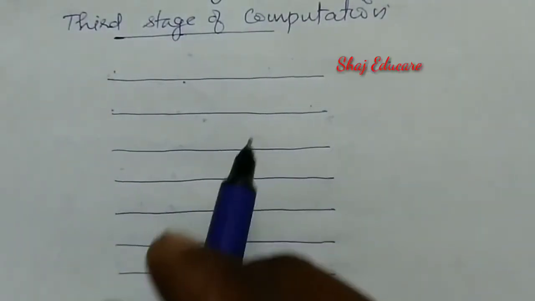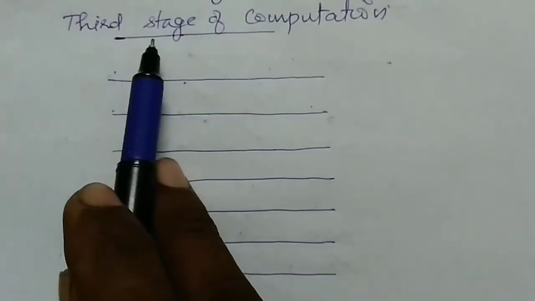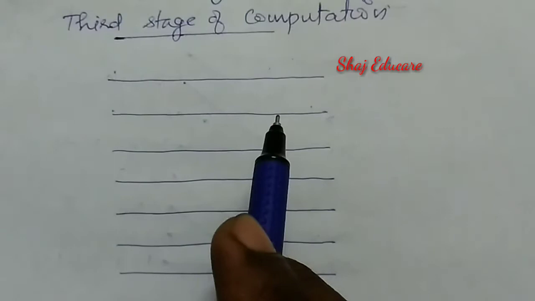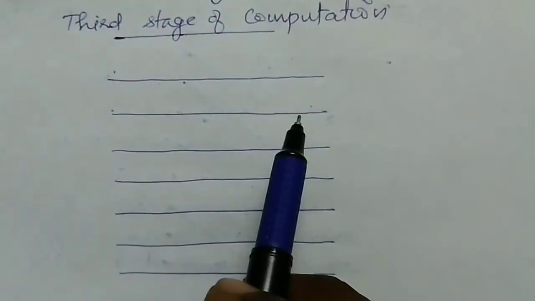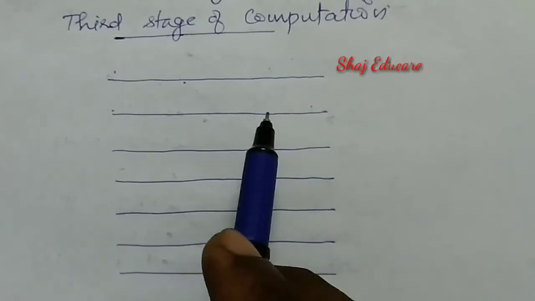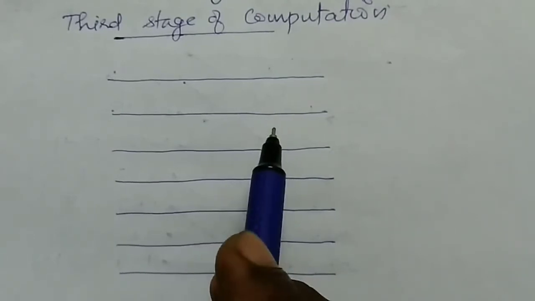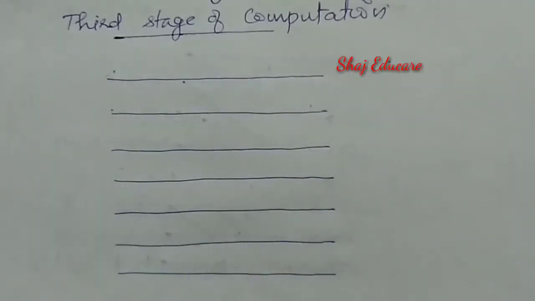I'm not going to discuss in detail how to draw the signal flow graph of the third stage of computation, which is discussed in my previous video, and the link will be available in the description box. So I will be back to you after finishing the butterfly diagram.